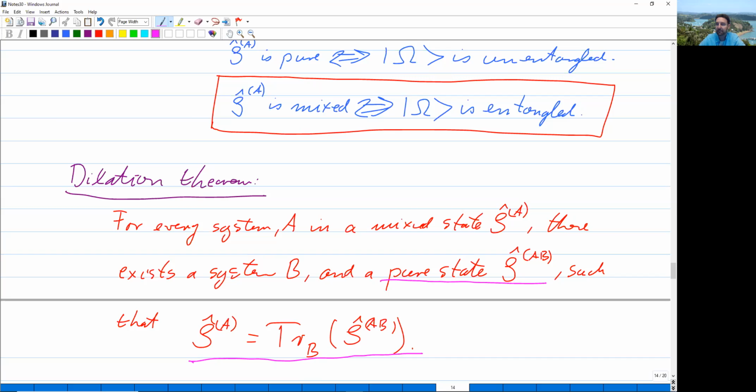Let's say there is an experiment going on, and an experimenter is in the lab with the experiment, and the experimenter says, my system, I don't know what state it is in. I have to ascribe a mixed state to it. Well, what the dilation theorem says is you can enlarge the Heisenberg cut such that it encompasses the experiment and the experimenter and maybe parts of the lab and so on.